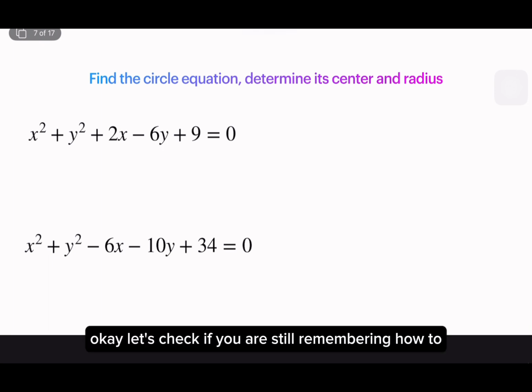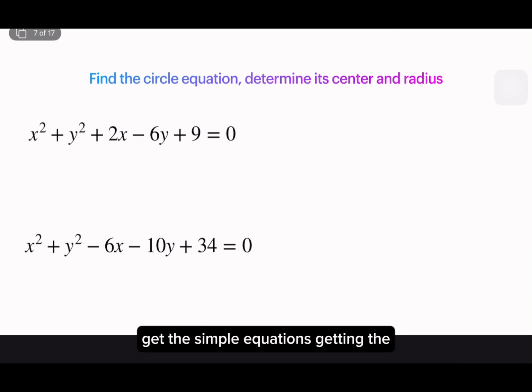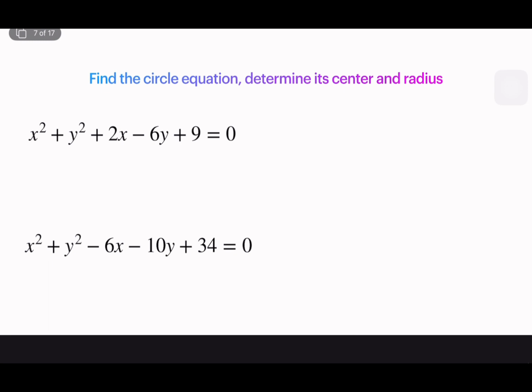Let's check if you still remember how to get the circle equation, which one is the center and which one is the radius.